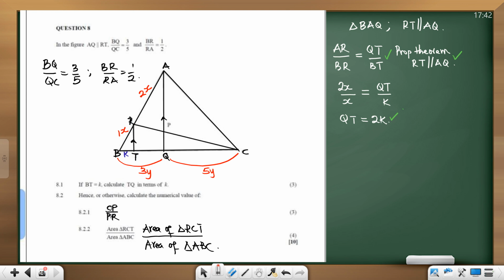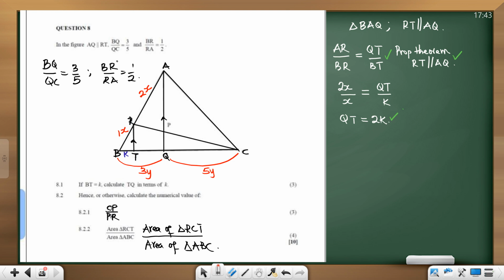So when it comes to solving the question 8.1, when do we use variables? And when do we not use variables? Every time they give you a ratio, you must use variables. But if they give you 10 centimeters, then that's the actual length. You don't introduce variables there. Okay. Thank you, sir.